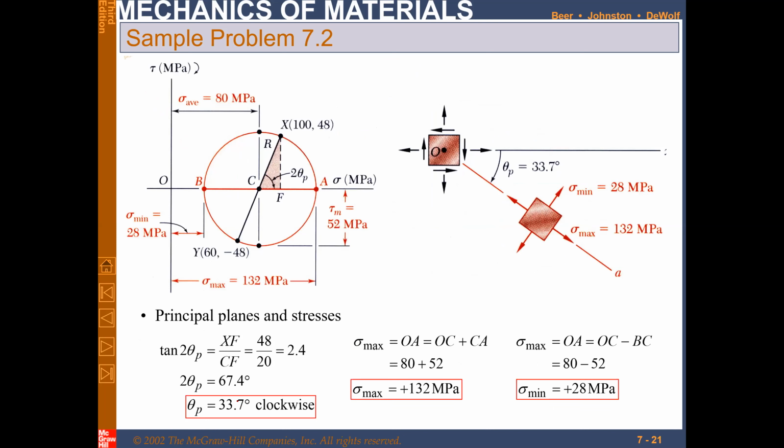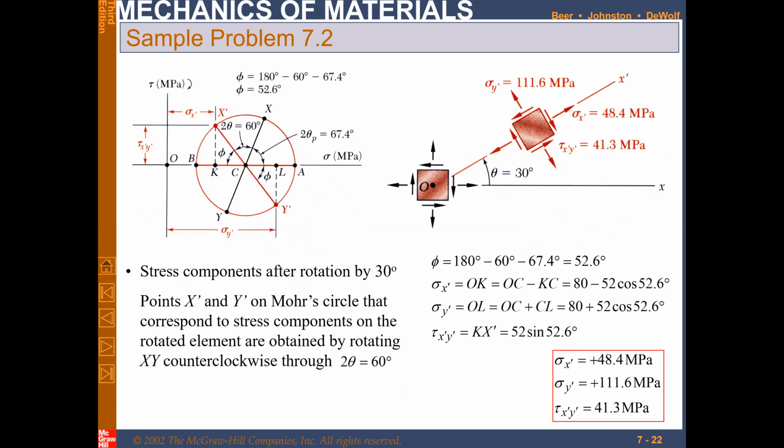It is positive, and we know positive is counterclockwise, so we are going counterclockwise by 33.7 degrees. From here it is also verified that you need to reach this point A. So how much do you need to rotate? That is 2 theta p, 67 degrees, clockwise. So you will reach this point, and sigma max and sigma min will be over there accordingly. You can go for that.